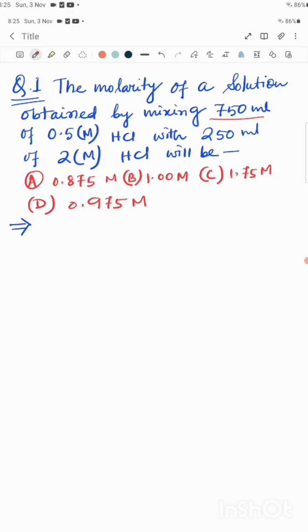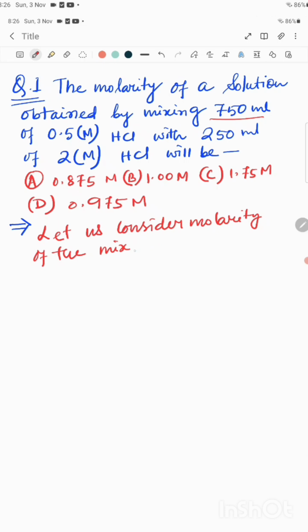So let us start. First of all, we will see what the formula is for calculation of the molarity of the mixture. Suppose the molarity of the mixed solution is M mix.